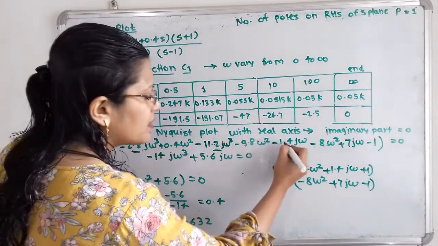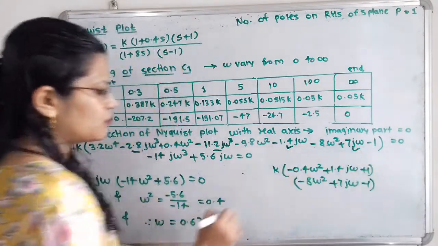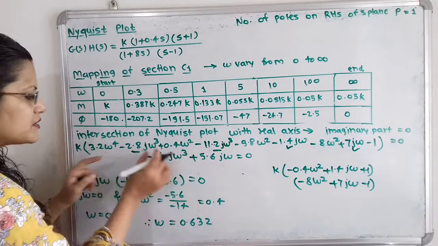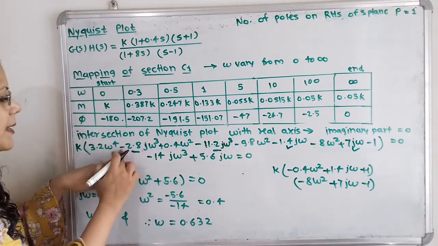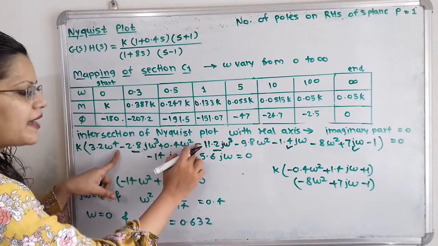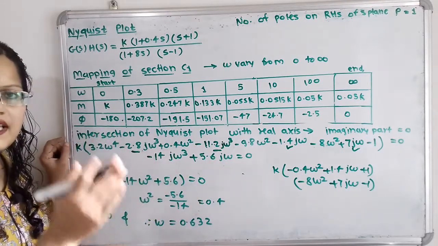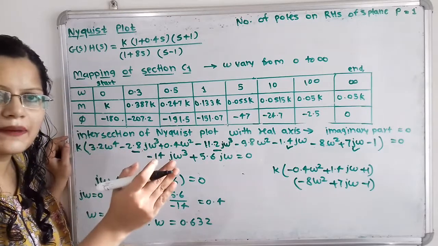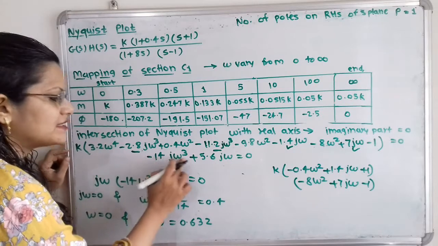In the same way, here minus 1.4 j omega and plus 7 j omega. We can combine these because they are j omega cube and j omega cube. Here the coefficient is minus 2.8 and here minus 11.2. So minus 2.8 minus 11.2, taking the minus sign as common, we get 14 j omega cube.